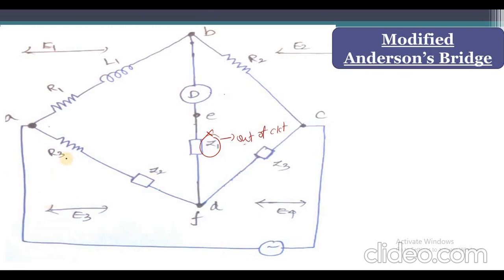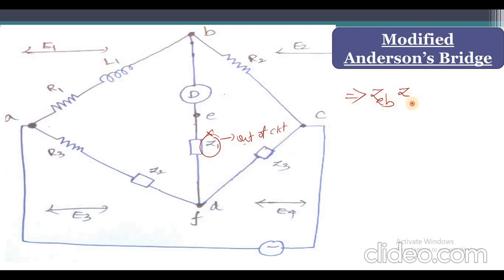Here we can obtain the bridge balance equation. Initially we have to consider the opposite arm impedances. What is the opposite arm for AB? CF.